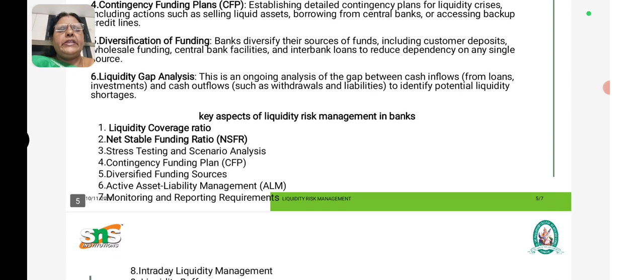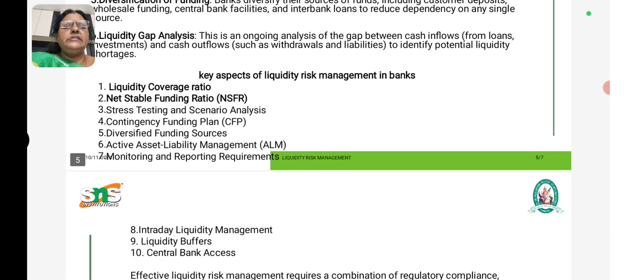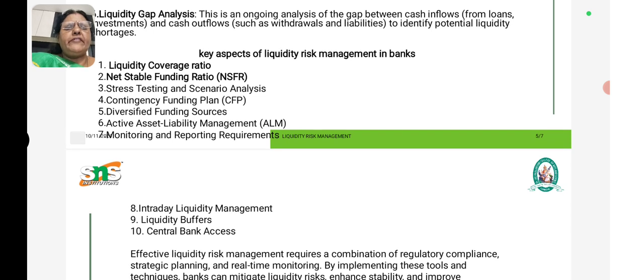So coming to the key aspects of liquidity risk management in banks. The bank has to follow the liquidity coverage ratio, the net stable funding ratio, stress testing and scenario analysis, the contingency funding plan, diversified funding sources, ALM, that is active liquidity and liability management, and monitoring and reporting requirements.